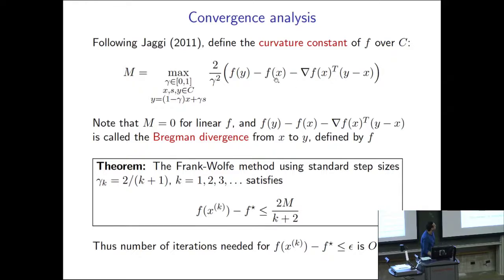And I look at the biggest I can make this, times 2 over gamma squared, over all points x and s in the constraint set C, and y that's a convex combination of x and s, where the weights are 1 minus gamma and gamma. Okay, so that's how we define the curvature constant. This is the very biggest I can make that.